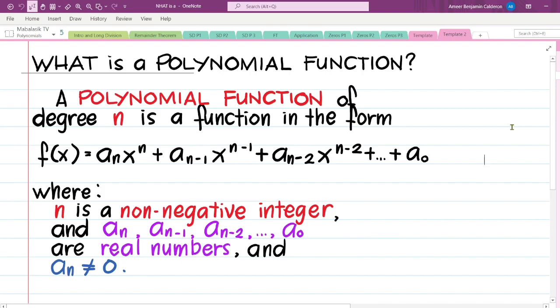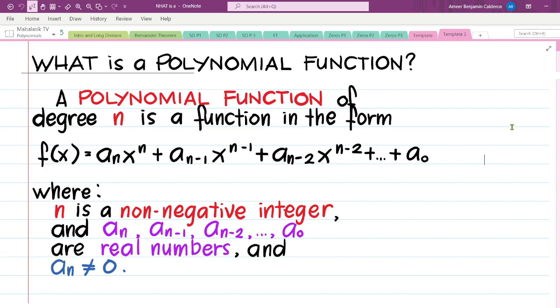A polynomial function of degree n is a function in the form f of x is equal to a sub n x to the n plus a sub n minus 1 x to the n minus 1 plus a sub n minus 2 x to the n minus 2 and so on until a sub 0, where n is a non-negative integer and a sub n minus 1, a sub n minus 2, and a sub 0 are real numbers, and a sub n is not equal to 0.